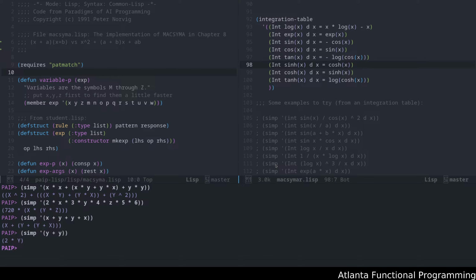So let's take the derivative of, say, 2x here, which is here. If we do simp d x plus x, and the notation that they use, by the way, is important to keep in mind.